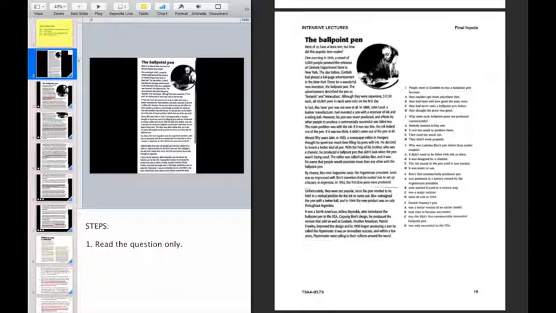In the case of reading, however, we don't want them to preview the choices ahead. We only want them to read the questions only. Now, why do we need them to do that? By just reading the question, they avoid getting overwhelmed by the many texts provided.